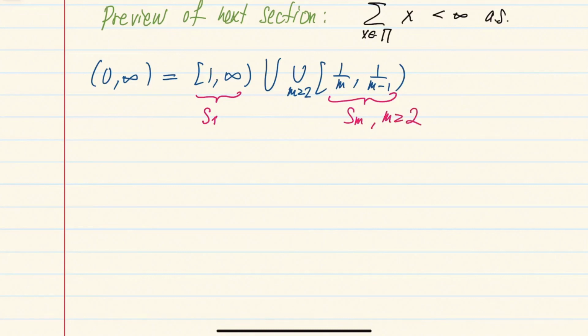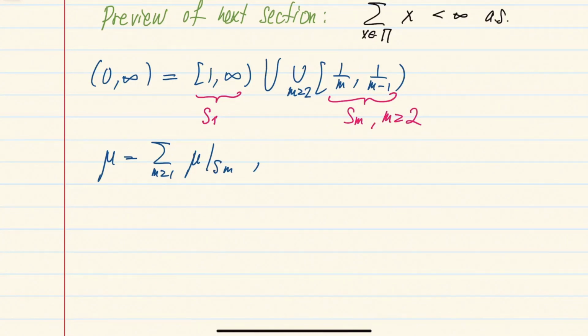And so if we take our measure mu and simply write it as a sum over m of the measure mu restricted to the elements of this partition Sm, then we can see that on each of these elements of this partition the measure is actually finite.